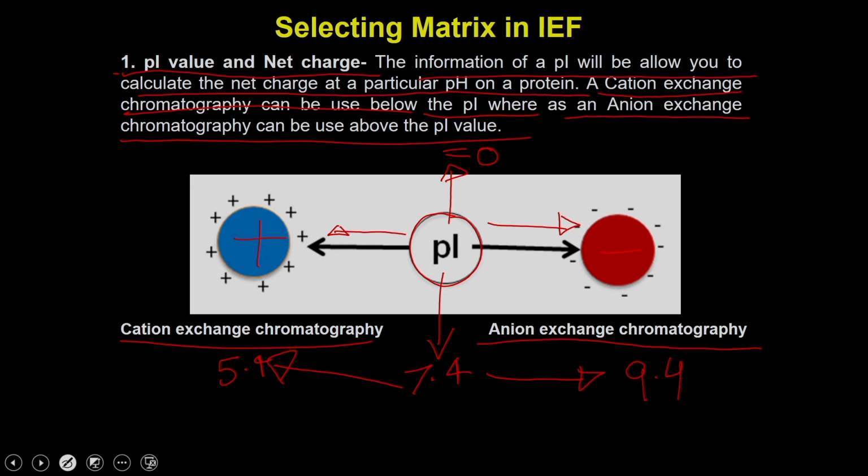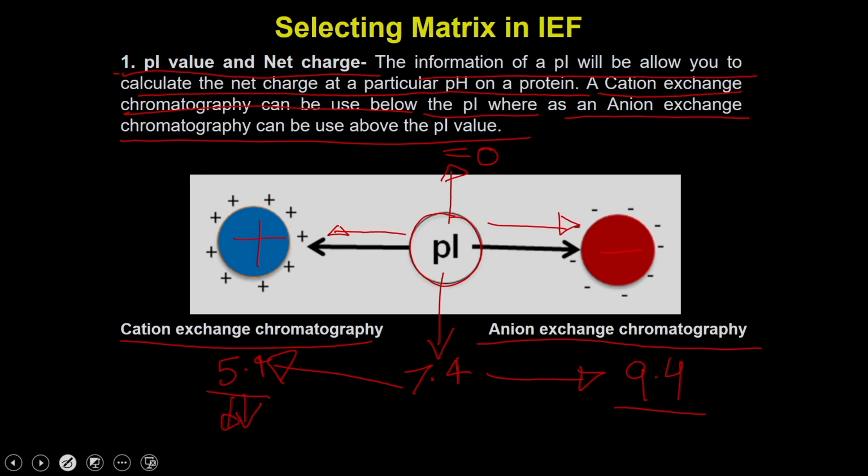Whether I will use the cation exchange chromatography or the anion exchange chromatography will depend on whether the enzyme or the protein we are planning to purify is having the native conformation at this pH as well as maintaining the enzymatic activity.